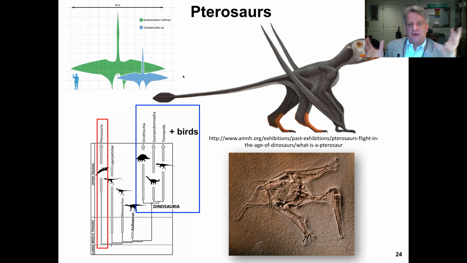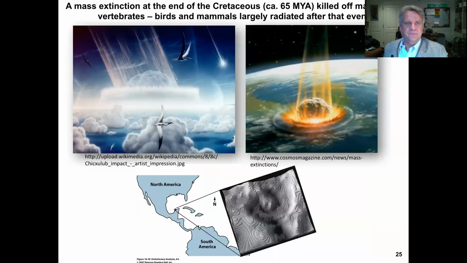When I was a kid, pterosaurs were included in my child's book of dinosaurs. But if we look at the phylogeny here, we see that pterosaurs are resolving well outside of the clade that we characterize as dinosaurs. That, of course, includes living birds.